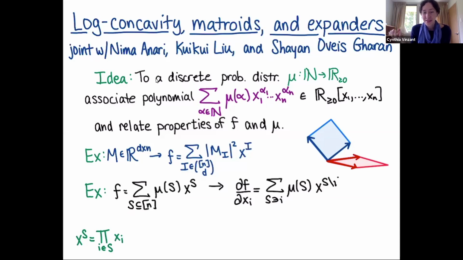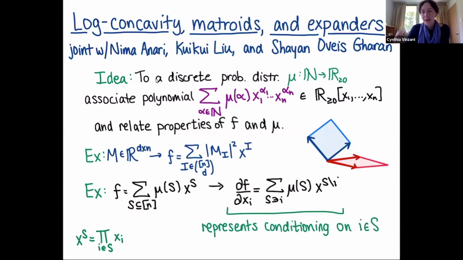All of the terms where xi doesn't appear get killed off. And for all of the remaining terms, I keep them, but I remove the variable xi. So this is, on the one hand, a natural operation if we're thinking of a polynomial as a function, taking the derivative with respect to some variable. But it's also a natural operation on the level of probability distributions.